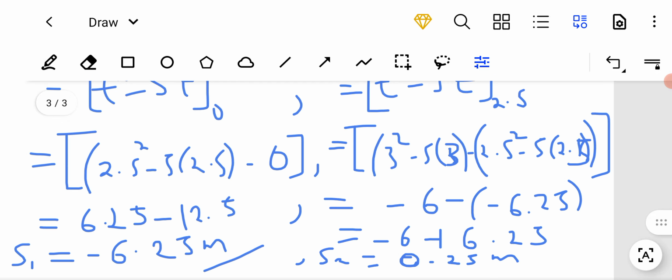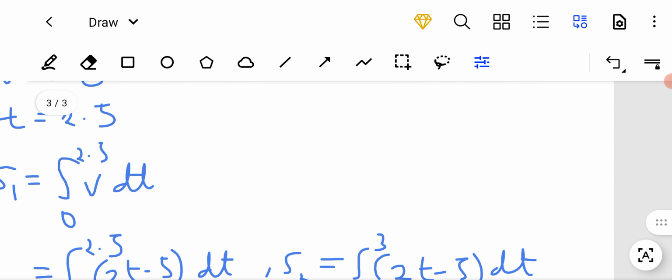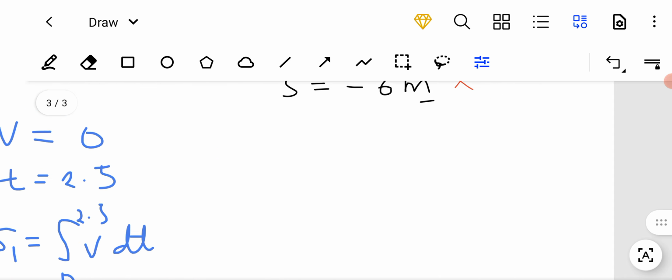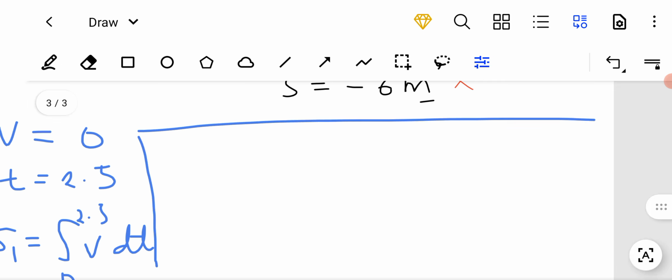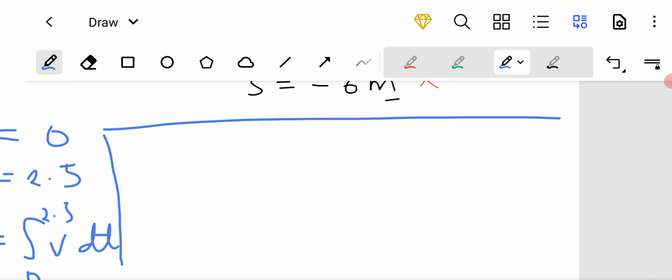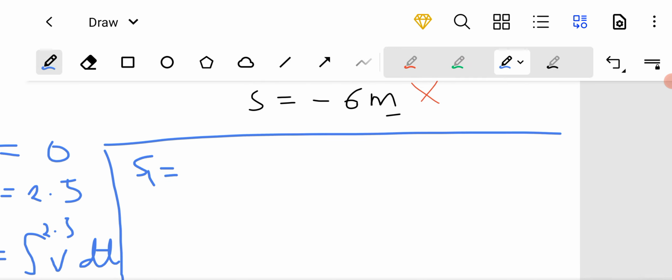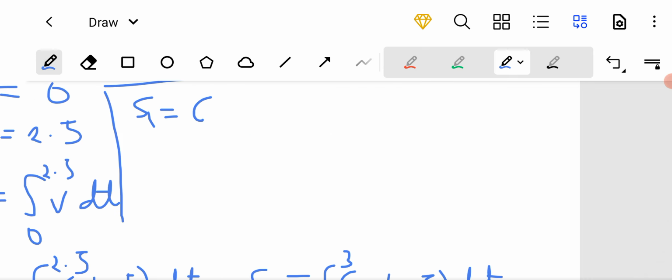Now another funny thing is that when you're using this method, you take the modulus. Every value you find, you take the modulus of that value. So for S1, if you take the modulus, S1 will be equal to 6.25 meters. And S2 will be equal to 0.25 meters.